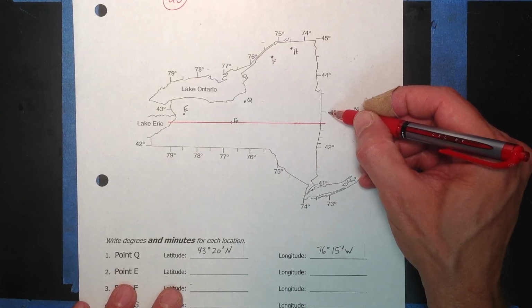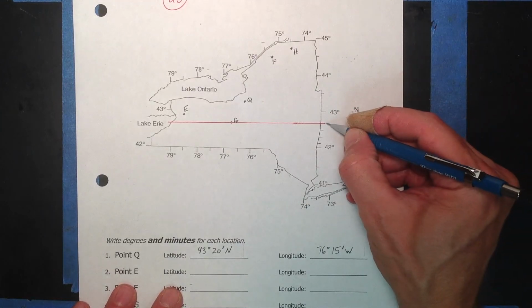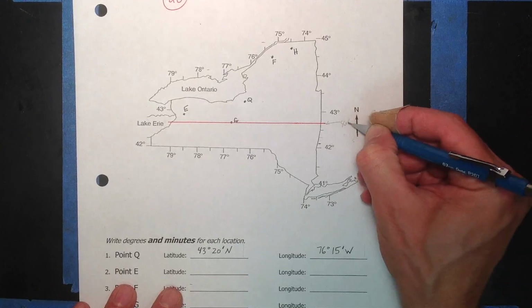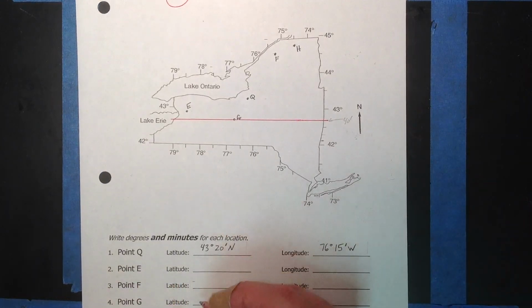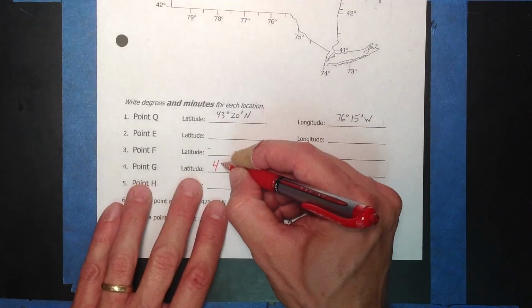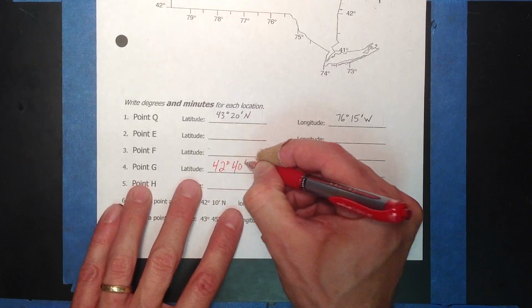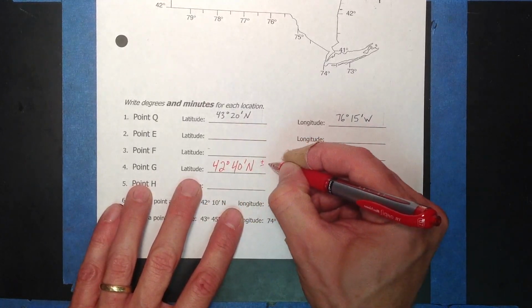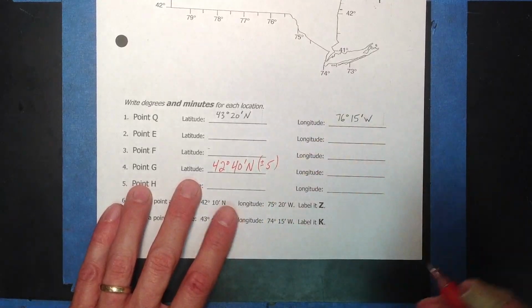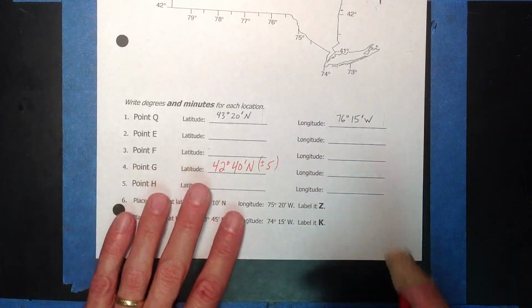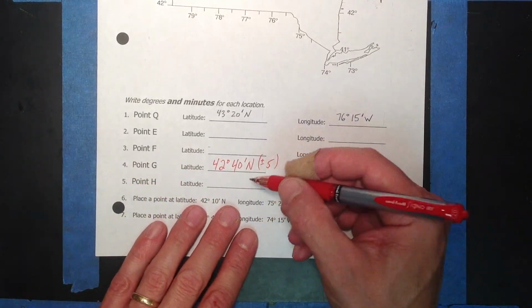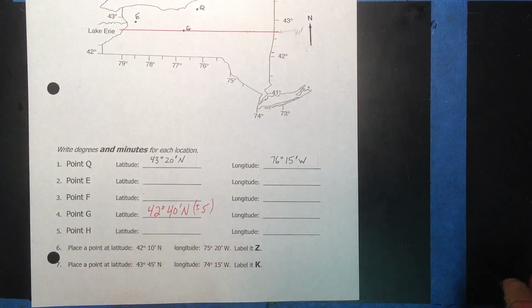That's 42 degrees and 60 minutes. So I'm going to estimate that to be about 40 minutes. Therefore, 42 degrees and 40 minutes north, and I'll say plus or minus 5 minutes there, so 35, maybe 45. But you must have the north. That is key.